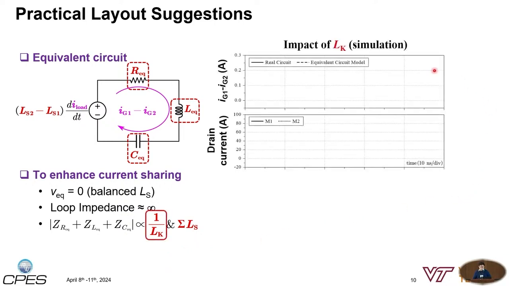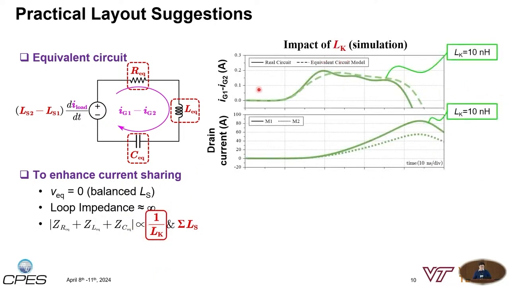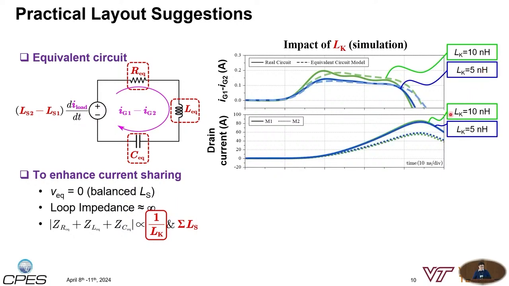In the figure on the right, I want to show you a waveform example of the impact from the Kelvin source. So we studied the first one, the Kelvin source impact. The top waveform is the gate current mismatch. The bottom one is the drain current of the 2 MOSFETs. This green line case shows when the Kelvin source parasitic is equal to 10 nanohenry. If we decrease this from 10 nanohenry down to 5 nanohenry, you can see the degree of the unbalanced current is slightly improved.